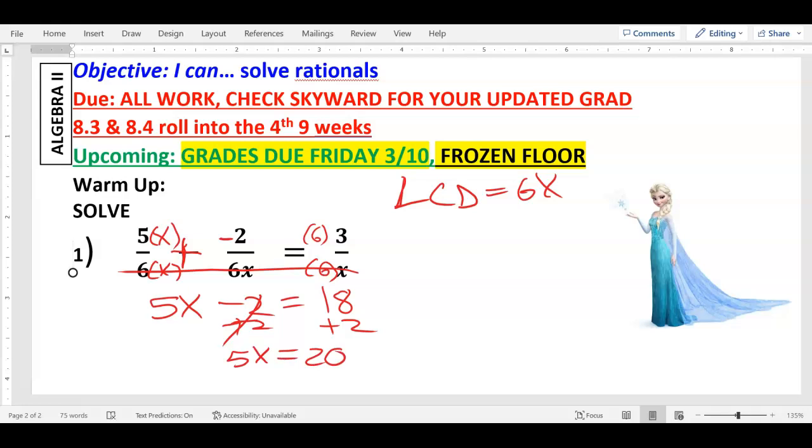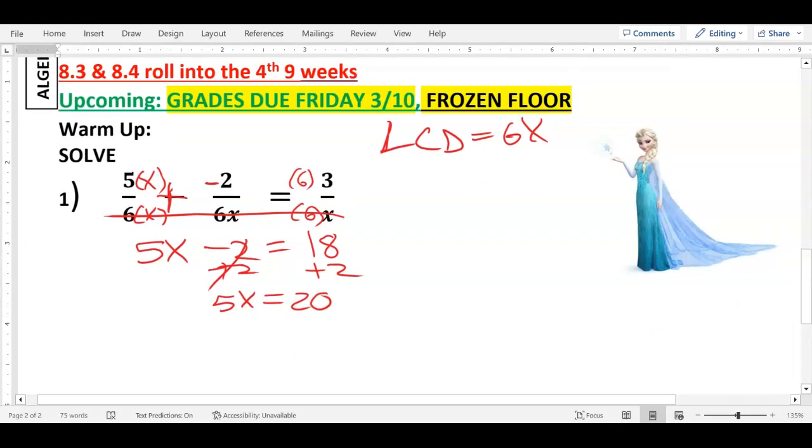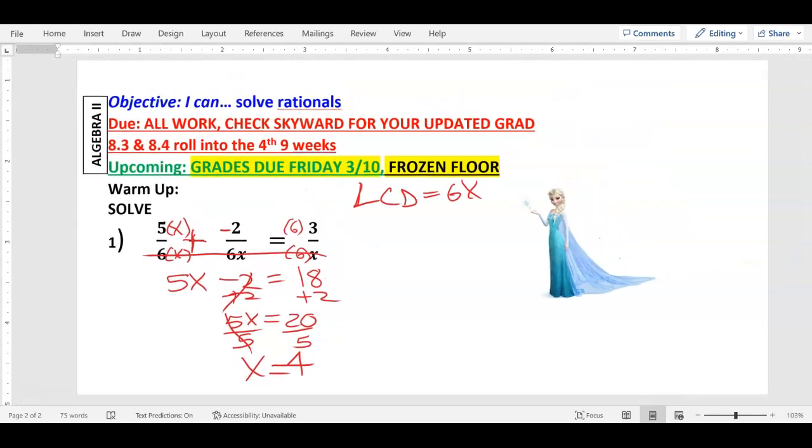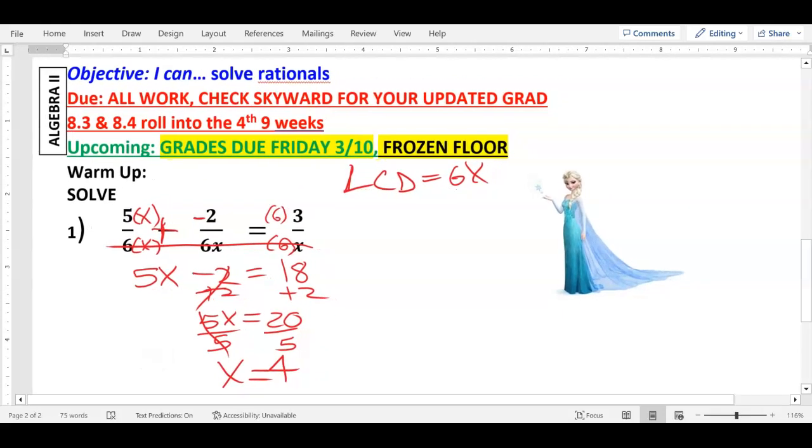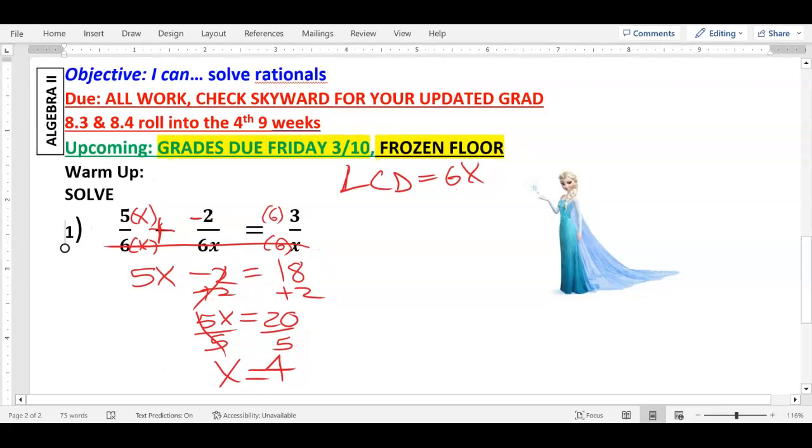Yes. And then to get rid of the 5 in front of x, how do I get rid of the 5 in front of x? Divide by 5 and we get x equals 4. Do you see how we had to get the same denominator, eliminate the bottom, and then you still need to solve it, okay?